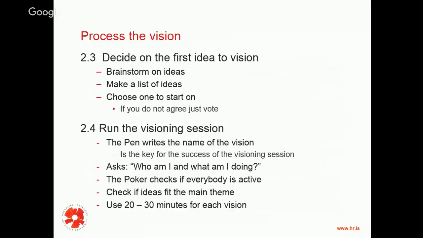So the first thing, when you're drawing, you write a name for it, and the pen says, "Okay, who am I, and what am I doing?" So he's saying, "Okay, who is the user, and what is the user goal?" And then you start drawing.